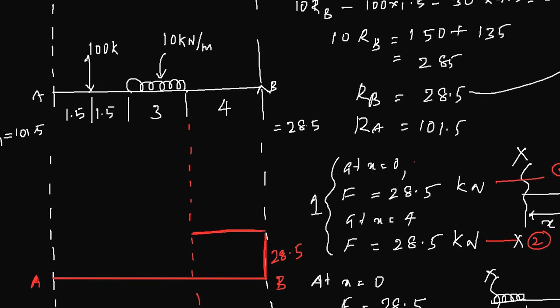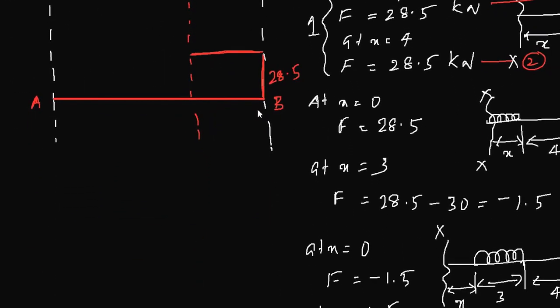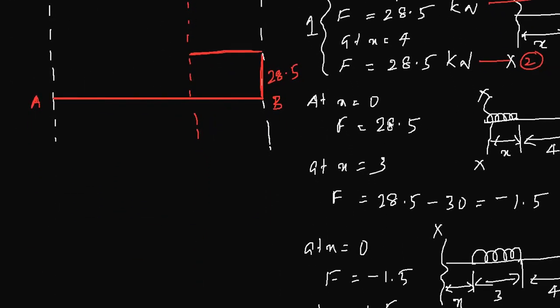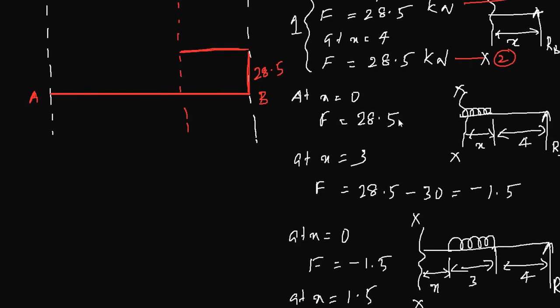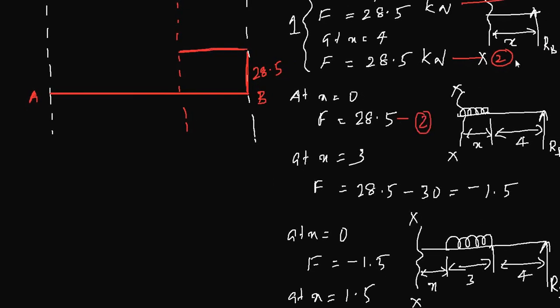Now you move on to your second system, where at the first point you have 28.5 again. Remember, this second and the second are the same, and at x equal to 3 you have minus 1.5. So when you move to the distance at 3 meter, you will change from here to here. This is a straight line.